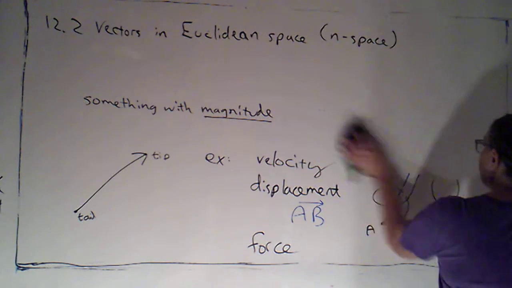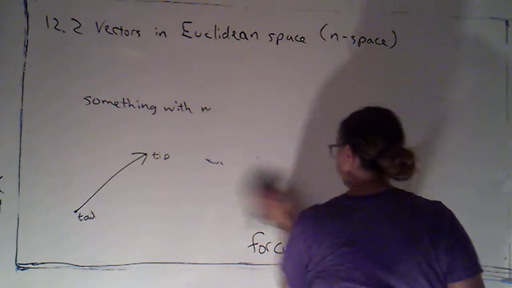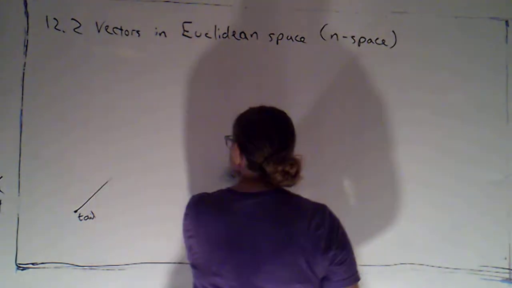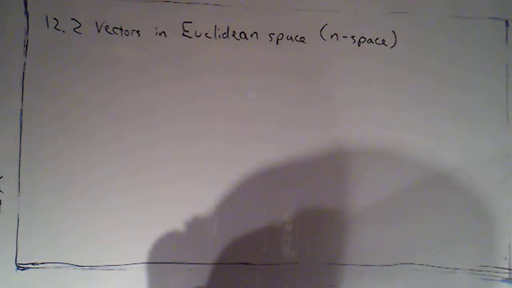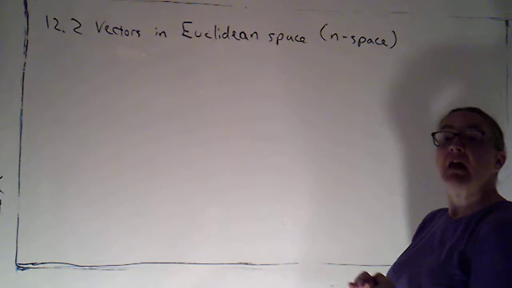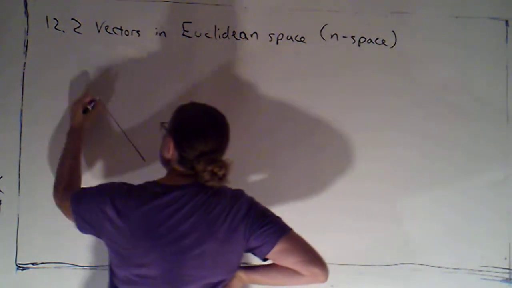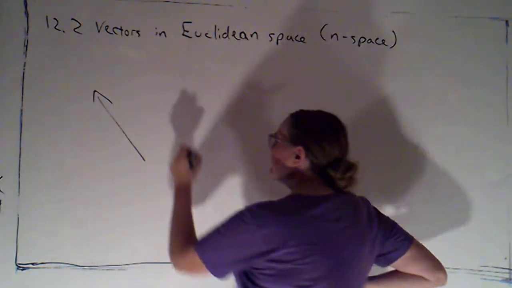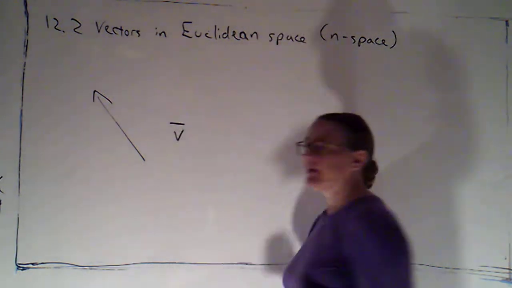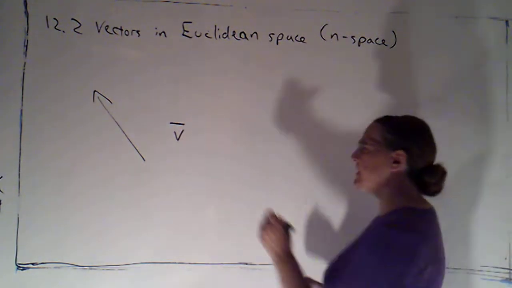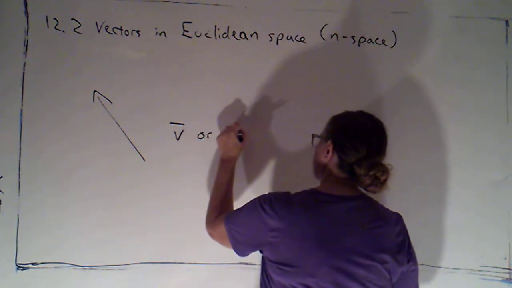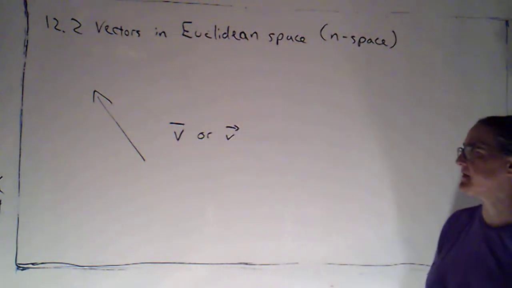Let's talk a little bit about notation. If I'm trying to give a name to a vector, very often I'm going to assign a variable name to it. When I do that, I'm going to put a bar over it or an arrow, like so.